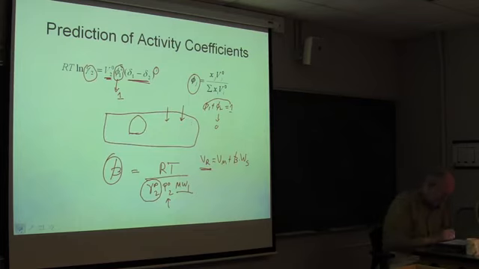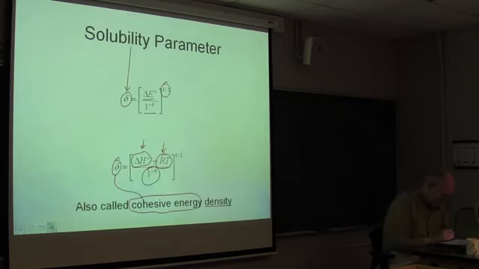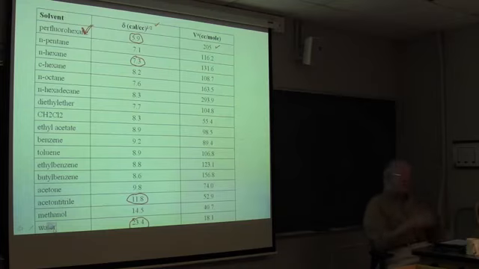So if I had a big enough table of these properties, I could calculate the partition coefficient of any solute in any stationary phase that I had the delta for.